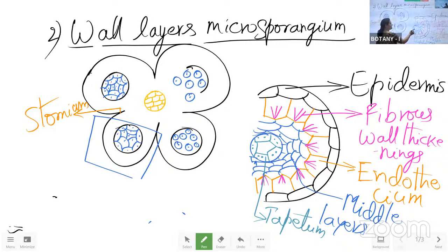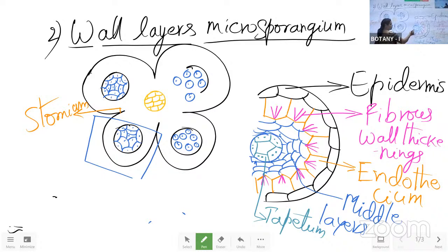So the tapetal cells are simple parenchymatous rectangular shaped cells placed without intercellular spaces. Then the next sentence: all the tapetal cells are binucleated so that they can store the maximum amount of food material in them. That's the main nature of the nuclei.